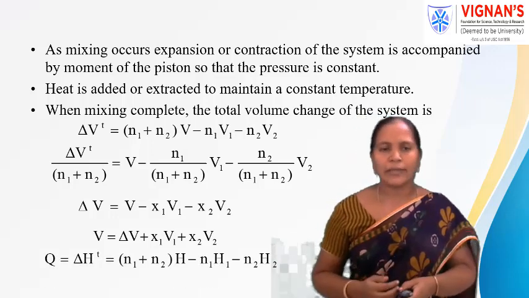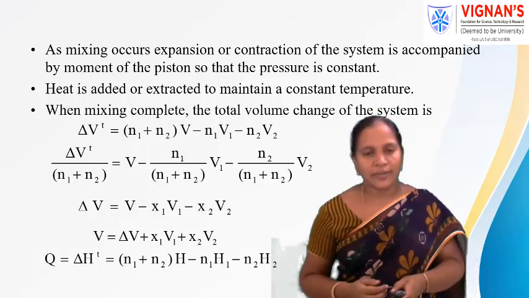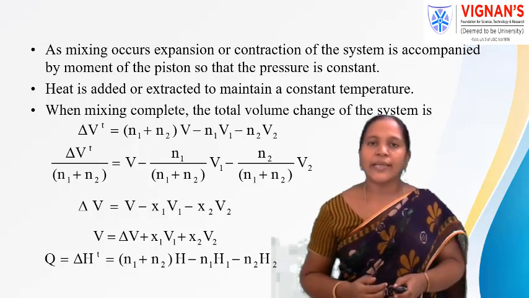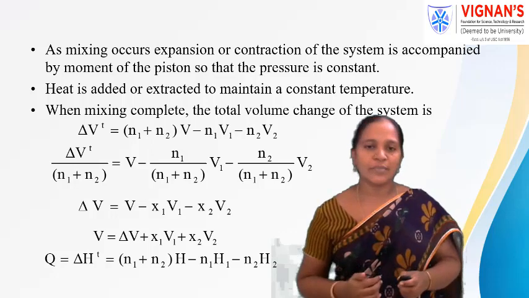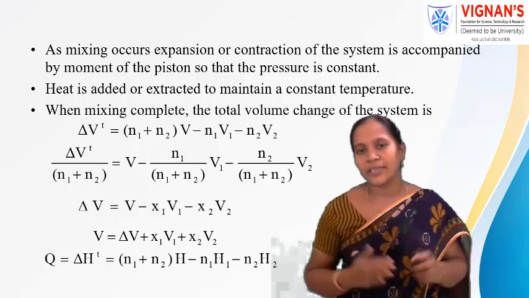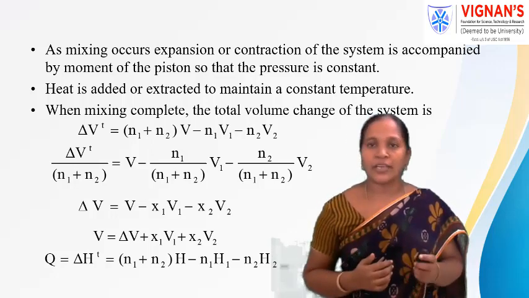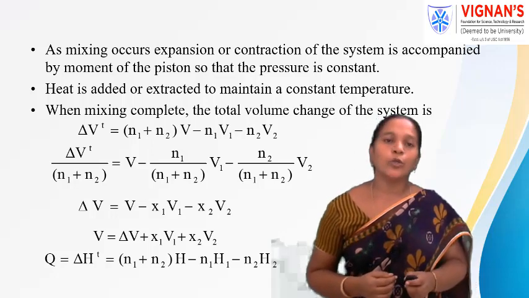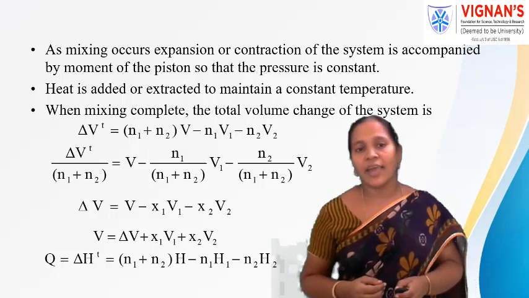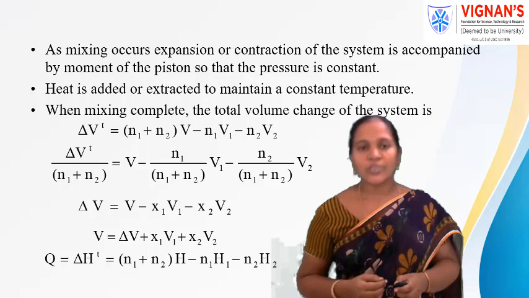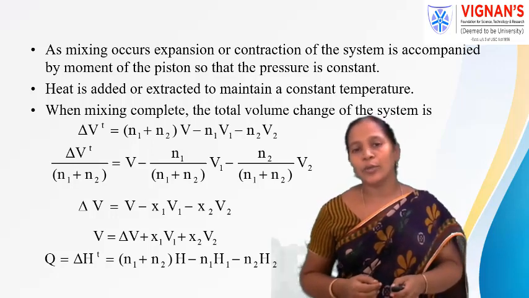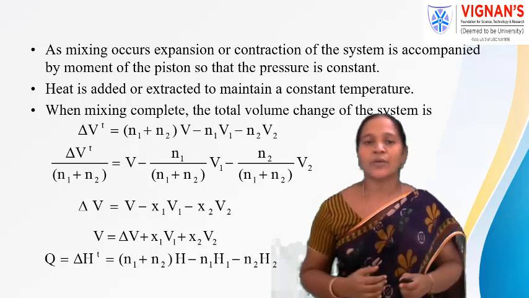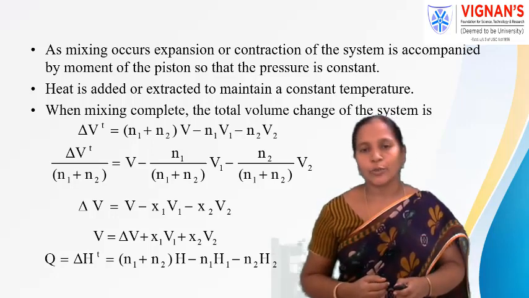Now we have to calculate the total heat transfer, which is delta H total equals (N1 plus N2) H minus N1 H1 minus N2 H2. For a constant pressure process, Q equals the change in enthalpy. That's why Q equals delta H total equals (N1 plus N2) H minus N1 H1 minus N2 H2.